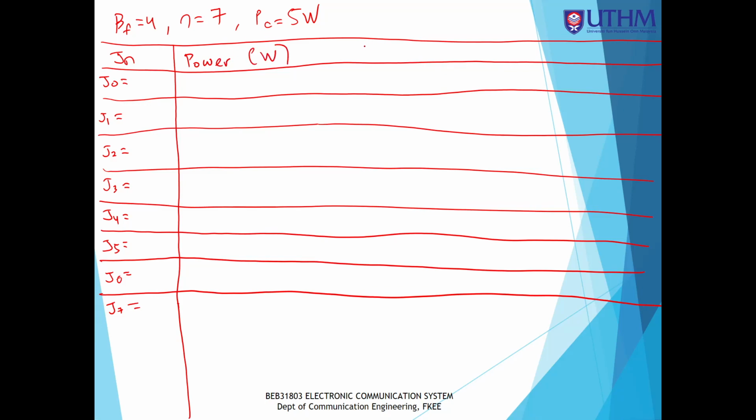And then there's the LSB and also the USB. So here power is J0 squared PC.